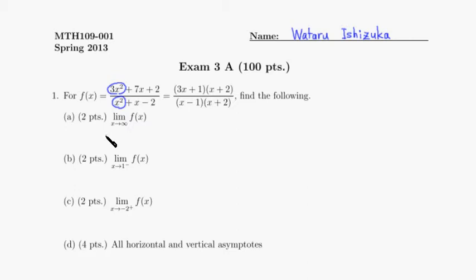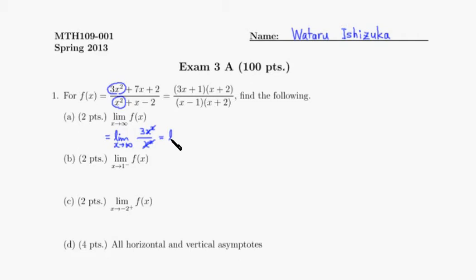So this is still a limit as x goes to infinity of 3x squared over x squared. Then simplify. Luckily you have x squared on top and on the bottom, so we can cancel them out.